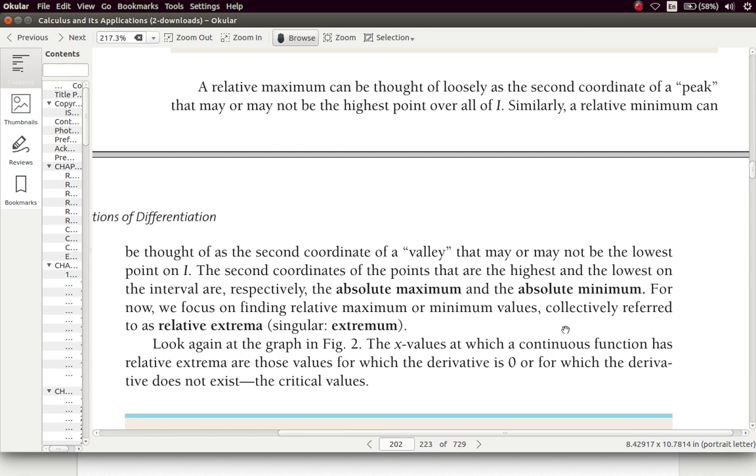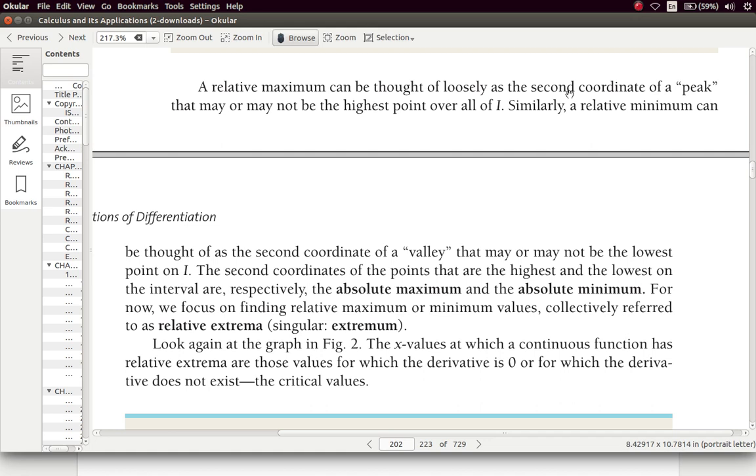Right? Now, a relative maximum can be thought of loosely as the second coordinate of a peak that may or may not be the highest point. That means the first coordinate is the x, and this second coordinate is the y.